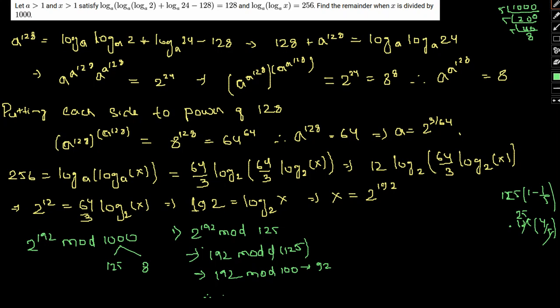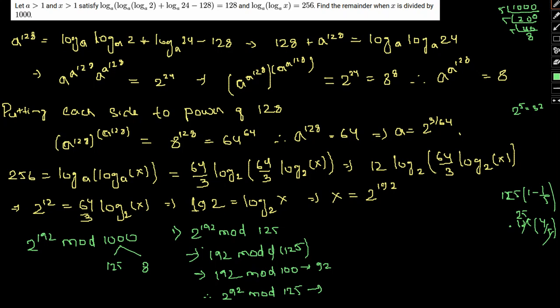So therefore 2 to the power 92 mod 125. Okay, so if we solve this, we have 2 to the power 5 equal to 32.